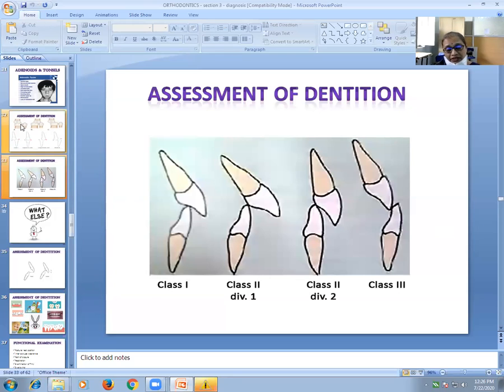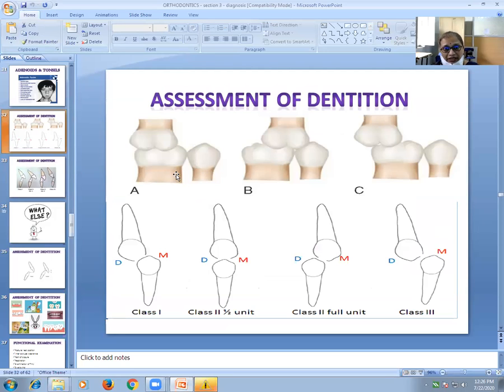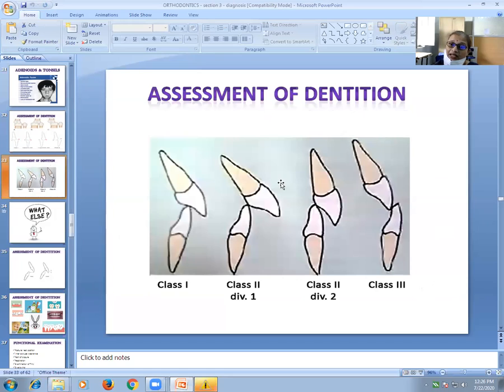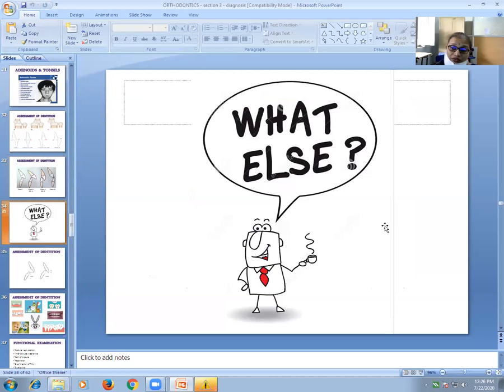So we have seen molar relations, premolar relations, incisor relation. If suppose patient is not having molars, premolars, and incisors also, then what will you do? How will you decide the class of malocclusion?